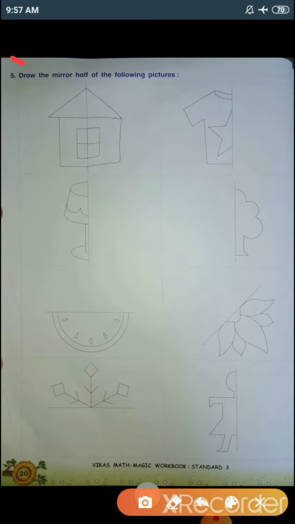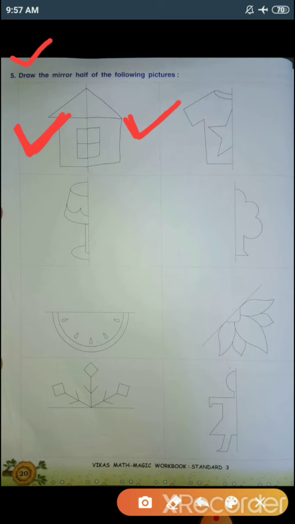Now question number 5. Draw the mirror half of the following pictures. That means one part is given and you need to draw the same part in the second. You can see here the left hand side is already given and I have drawn the right hand side part with pencil.